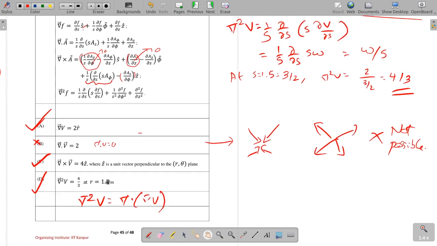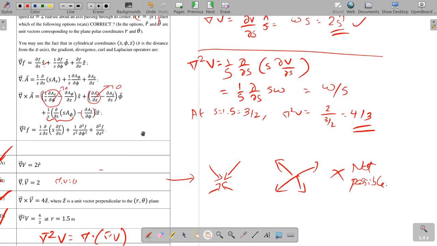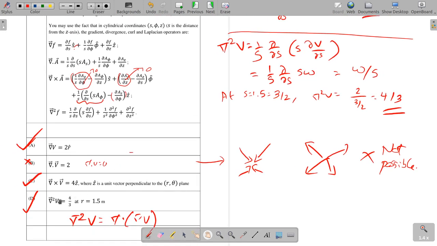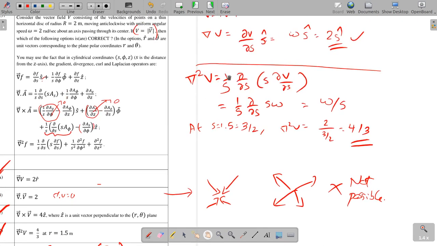What about the last choice? Del square is the Laplacian of again the magnitude of velocity, or the speed. You apply this particular Laplacian. You will not have any phi and z dependence, so you simply have s dependence.